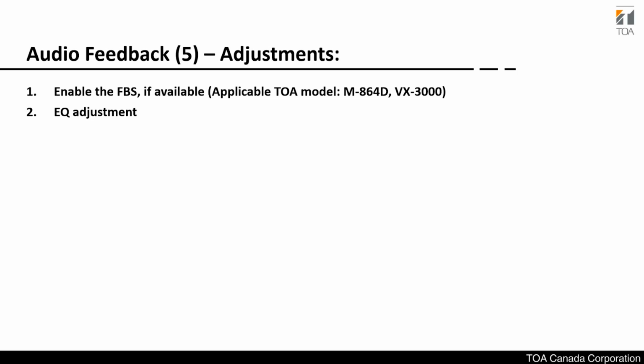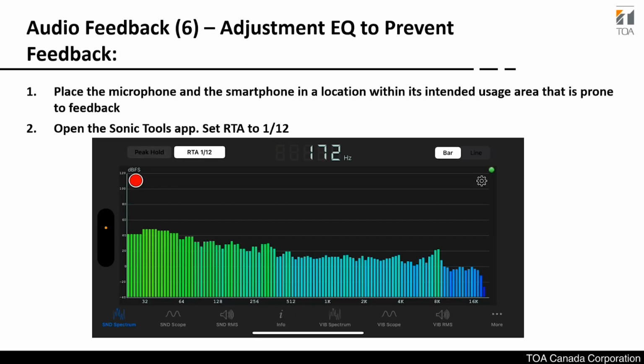If your mixer is equipped with FBS, the feedback suppression system, for example the M864D or VX3000, you can enable that, and after that you can conduct the EQ adjustment, same as the setup before.